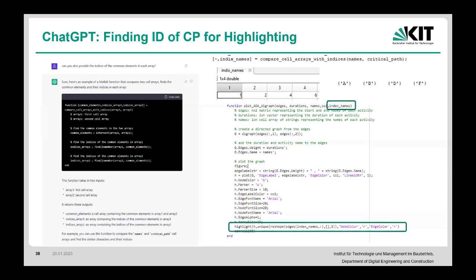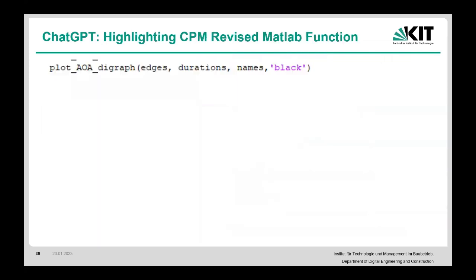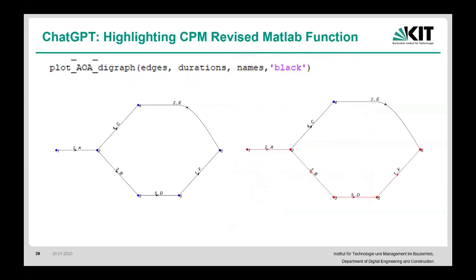So I used the same function, added the index name, and added one more line, which highlights the unique part of those edges between those names and the rest, which was a built-in function in MATLAB. Okay? If you take a look at it that way, the result is going to be this, essentially. So it's now highlighted the critical path.